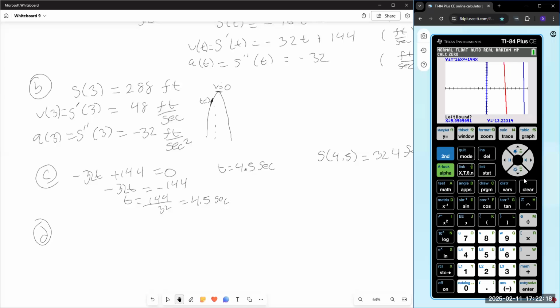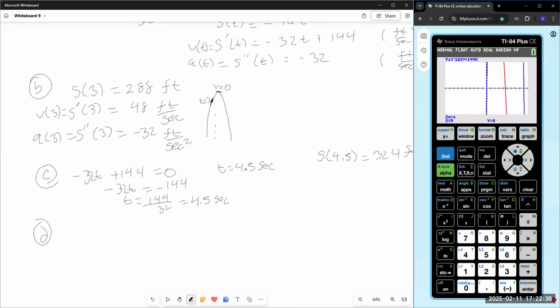I'm going to also get this by factoring, but this is here, and then definitely over there somewhere. Come back. There is at t is 9.